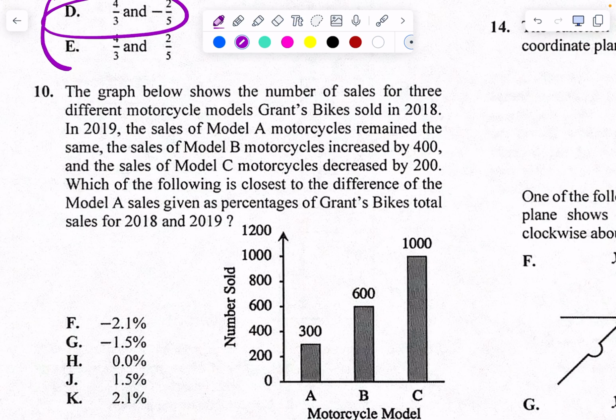To find Q, you just subtract from 1. 34 over 40 is 0.85. So this guy's 0.85. Q would be 0.15. I already subtracted 1 from 1, right? 1 minus 0.85 gives me 0.15. That's what this guy is.